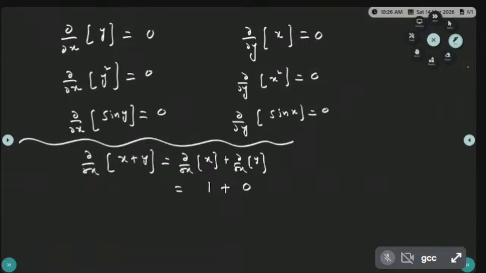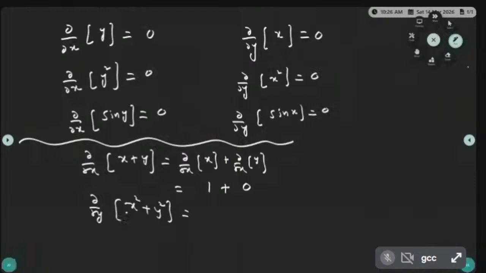Dear students, dou by dou y of x square plus y square. Can you answer this? First term: dou by dou y of x square plus dou by dou y of y square.